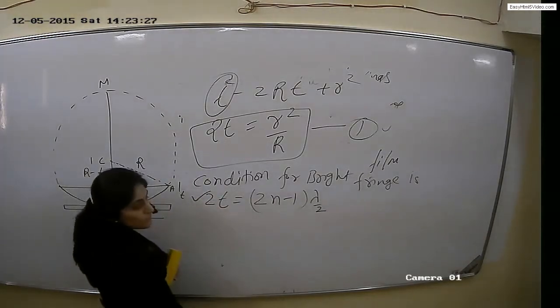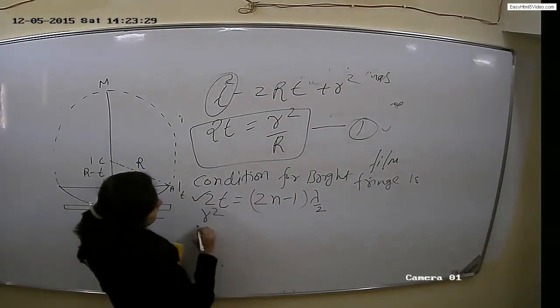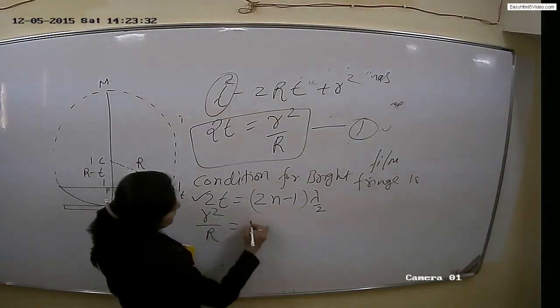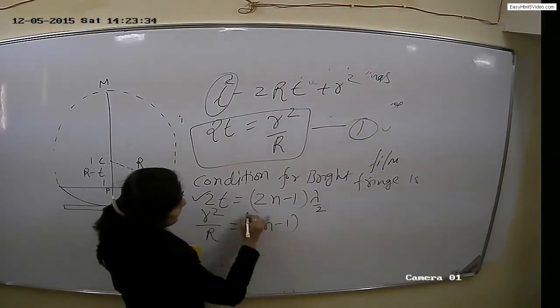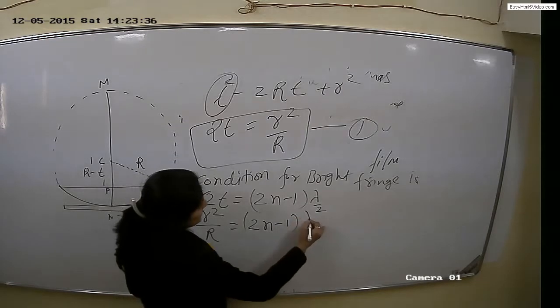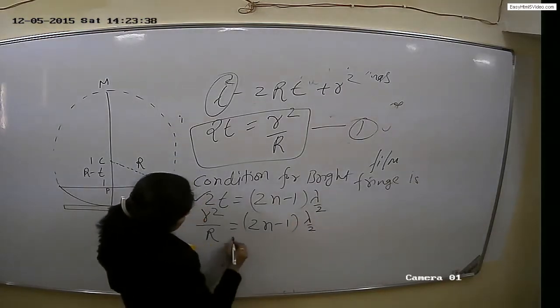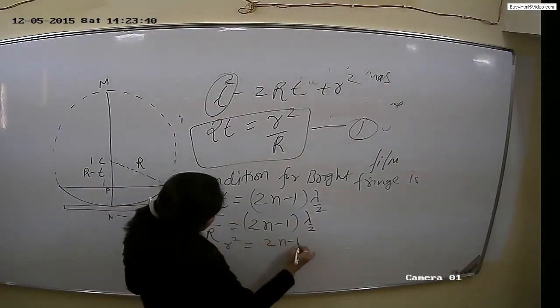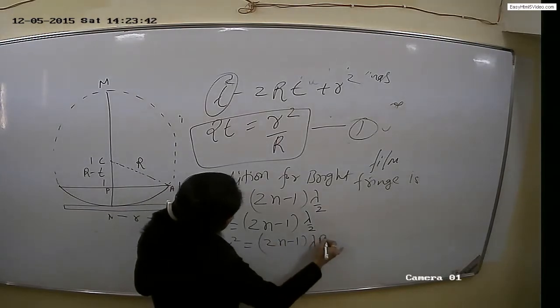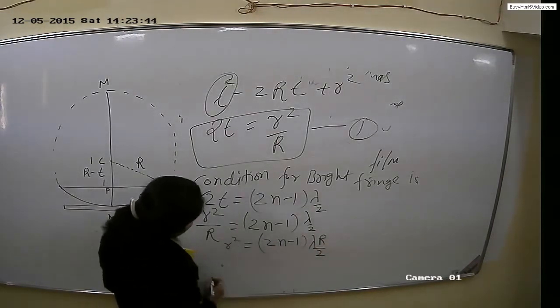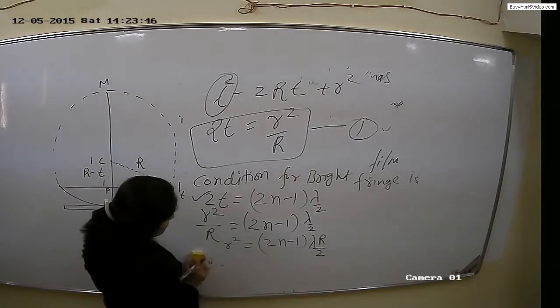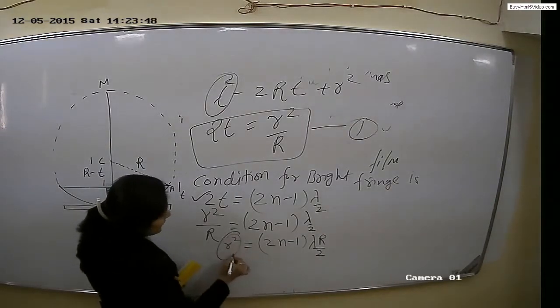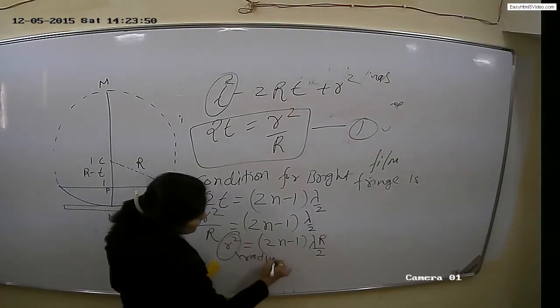Substituting the value of 2t, that is r square upon R, we get r square upon R is equal to (2n minus 1) lambda by 2. Therefore r square is equal to (2n minus 1) lambda R upon 2. Therefore this comes as the radius.